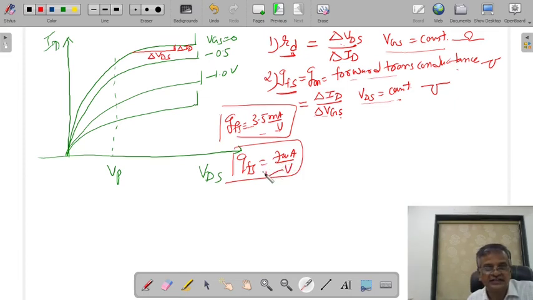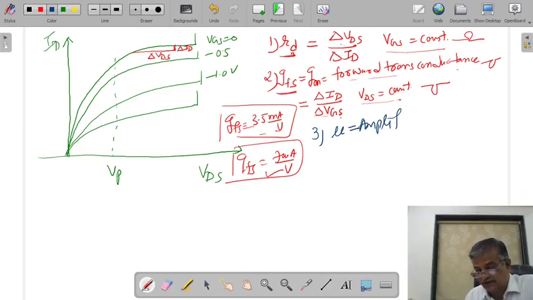You are given two transistors, two field effect transistors. One has this GFS, the second has 7 milliampere per volt. So which one is better? This one is better. Third is the amplification factor, mu. So what is the amplification factor?